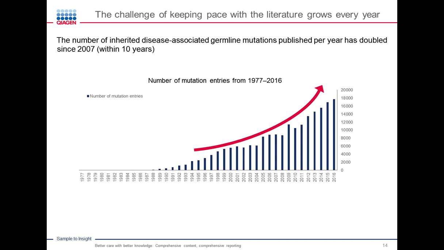And so our team is really designed to scale and to capture that knowledge where folks individually may not be able to. This chart takes a look at the progression of knowledge that is accumulating. The number of germline mutations published has really doubled in the last 10 years, but we expect the next doubling to occur in 5 years or less.